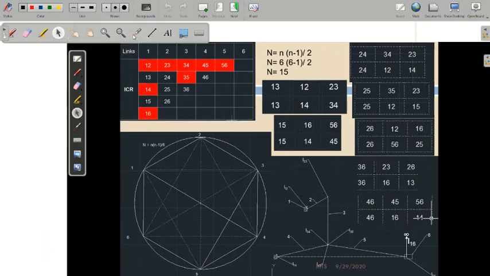Now connect 1 5 with the dotted line. I have connected 1 5. Above 1 5 I have a triangle here, 1 6, 5 6. So write it here: 1 6, 5 6.